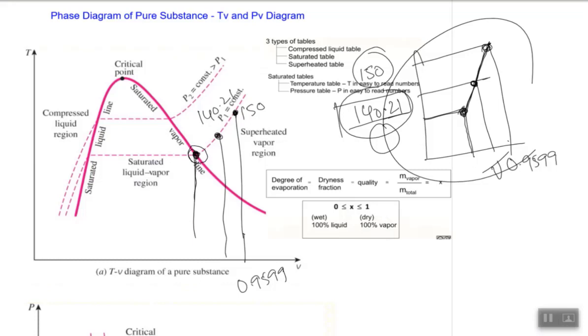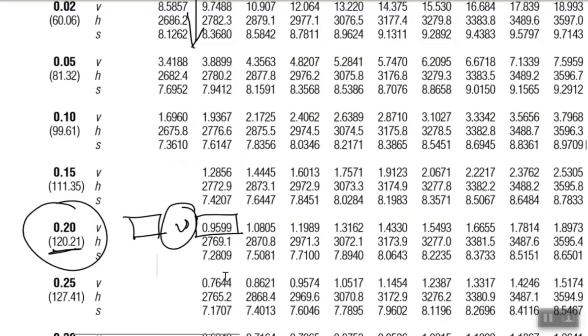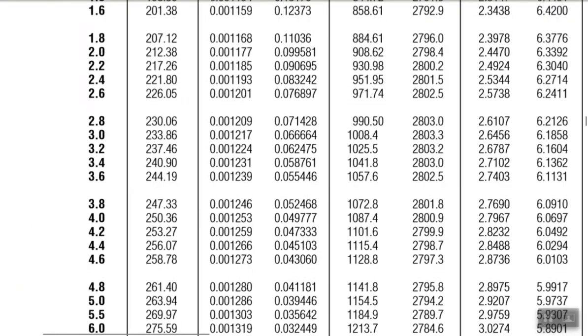The other point is at 0.2 megapascal, which is our pressure, and this point would be the volume Vg. So if I'm looking for the other extreme point, I can use the volume Vg at 0.2 megapascal. Let's go back to the steam table at a pressure of 0.2.